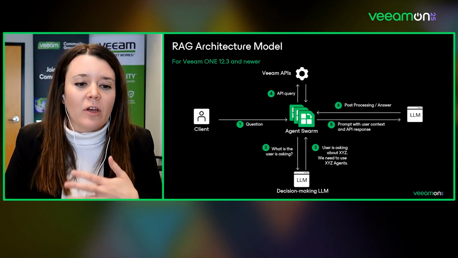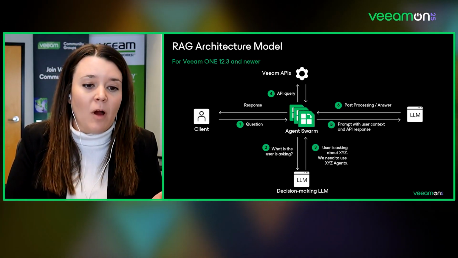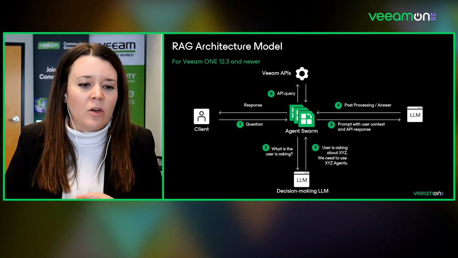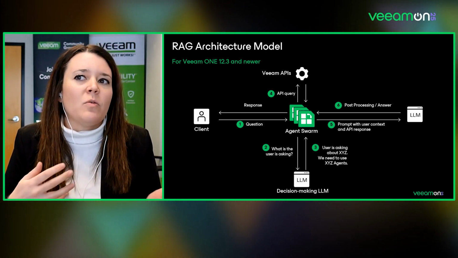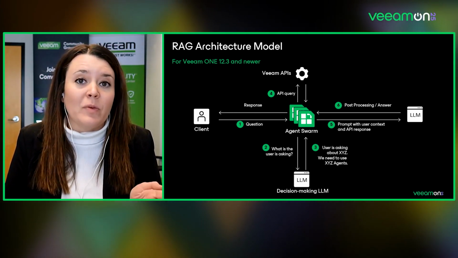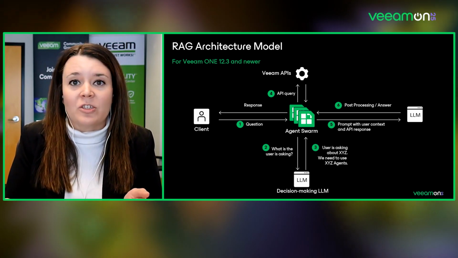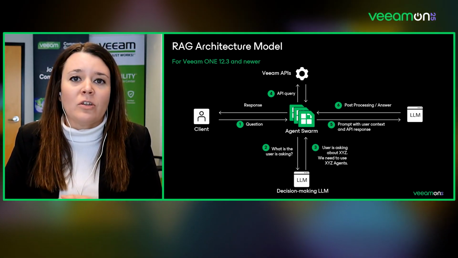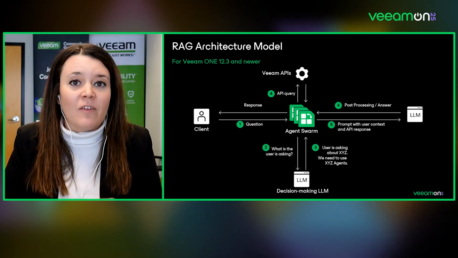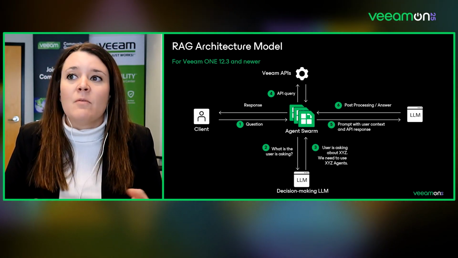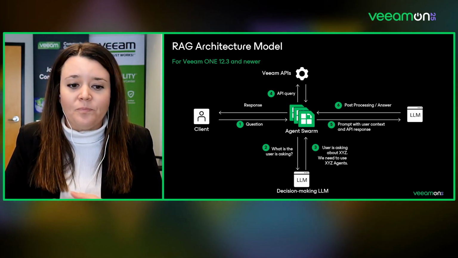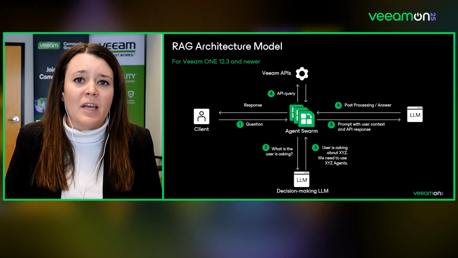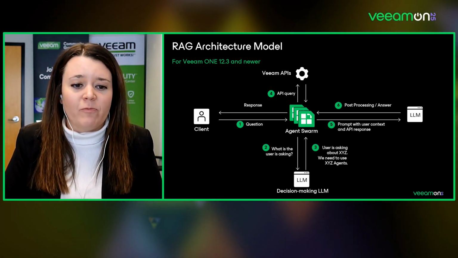So in reality, when you're looking at this architecture model, you're like, there's a lot going on. But when you think about it, it's not really that much, because basically you're asking a question, it's deciphering the question, it's creating this agent that is going to fetch that data from the different sources that it can, deliver it back to the language model, and then make sure that you understand it. So some really powerful stuff.